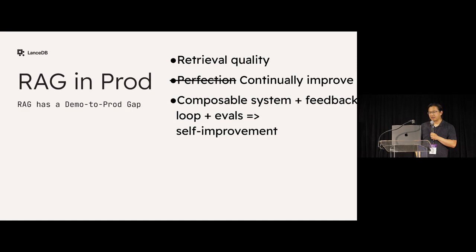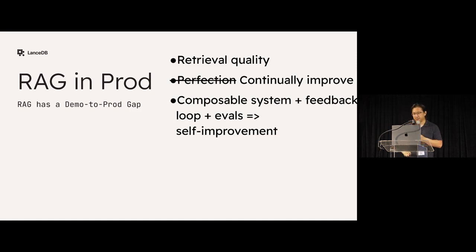Of course, getting RAG into production, as you probably know from your experience, is not about having that perfect setup right from the beginning, but how to set it up so that you have continuous improvement over time and it just gets better and better the more you use it and the more user feedback you have.